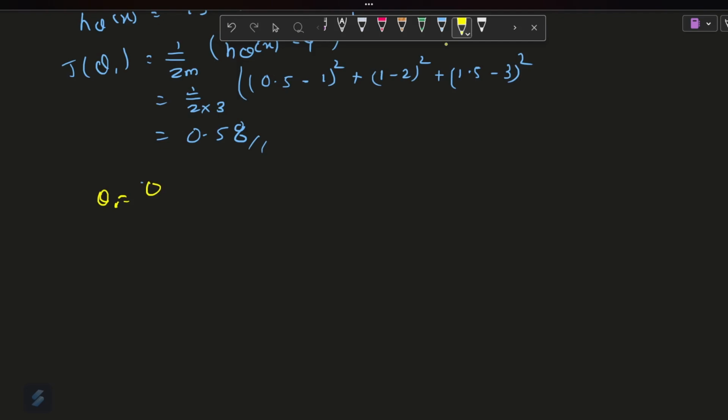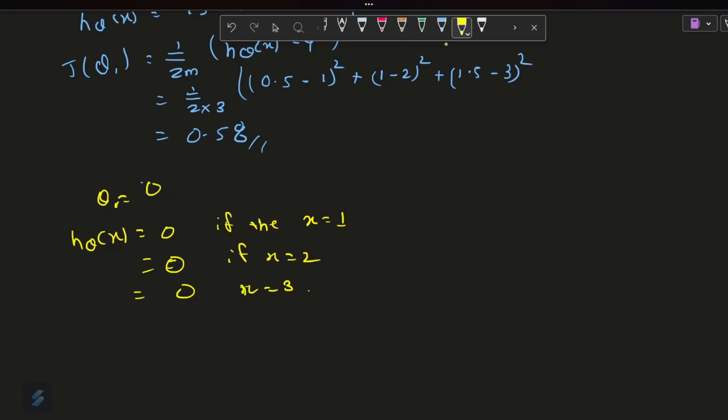In that case, when we calculate h theta of x, it is equal to 0 for all x. If x is equal to 1, we get 0, and similarly we get h theta of x as 0 if x is equal to 3 as well, right?